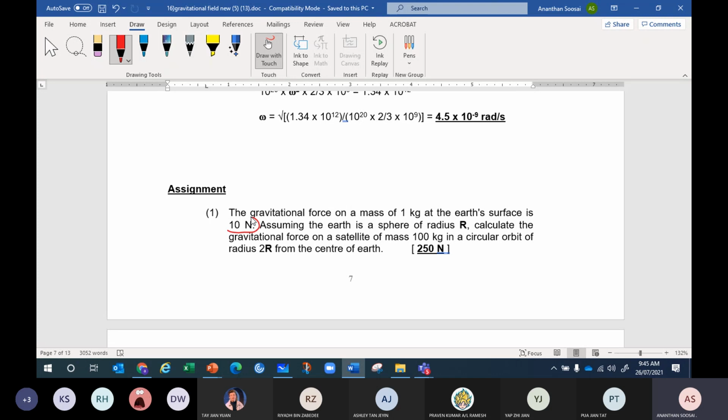So how do you get 10 newtons? 10 newtons is the gravitational force of 1 kilogram. Earth, you have 1 kilogram.